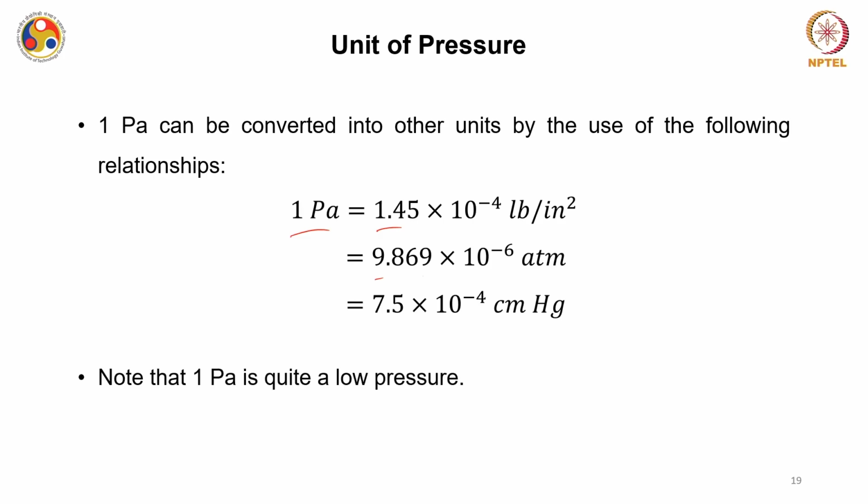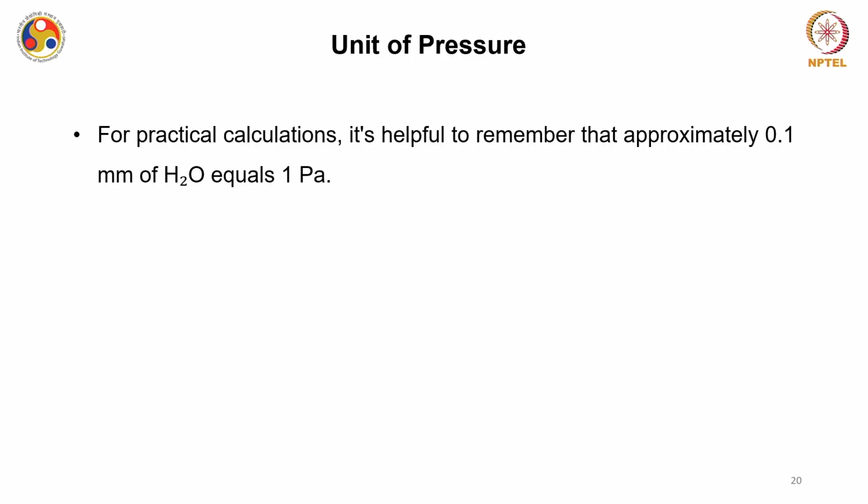So, from these values it seems that 1 Pascal is actually quite a low amount of pressure. So, when you talk about high pressure, some other units have to be used. For practical calculation it is helpful to remember that approximately 0.1 mm of H2O is equal to 1 Pascal.